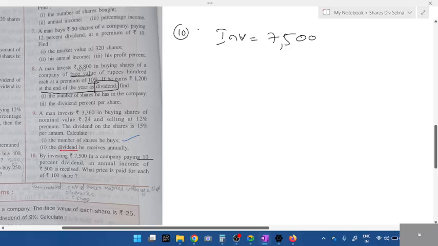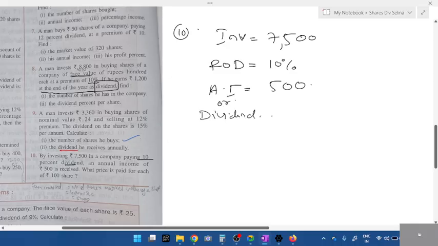So what do you mean by dividend? The word is given. 10% is given. What will you take that as? Yes, rate of dividend. And never write ROD, students, write rate of dividend. Annual income is how much? 500. What is annual income also known as? Dividend.